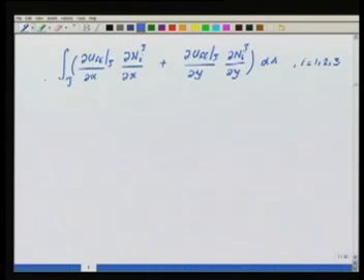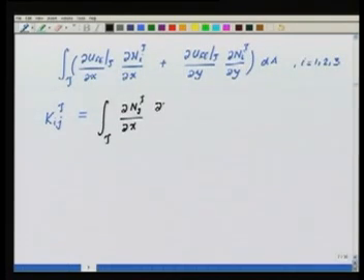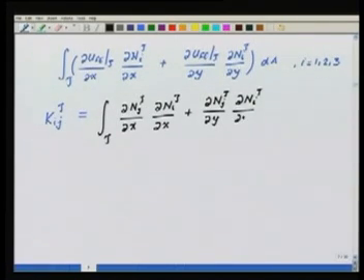Now if I do this, I will get the stiffness matrix entry in the element tau by expanding UFE tau. It is given as the integral over tau of del Nj tau by del x times del Ni tau by del x, plus del Nj tau by del y times del Ni tau by del y.